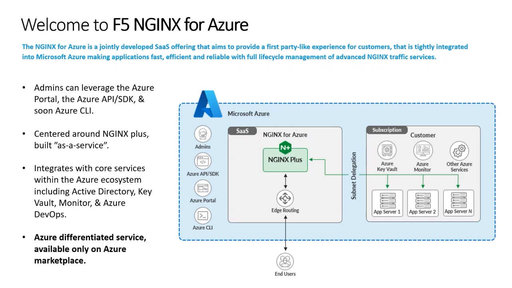So this essentially allows customers to follow the zero trust model to completely lock down their Vnet after NGINX deployment, so that they have complete confidence in the security of the connection between NGINX and their application.